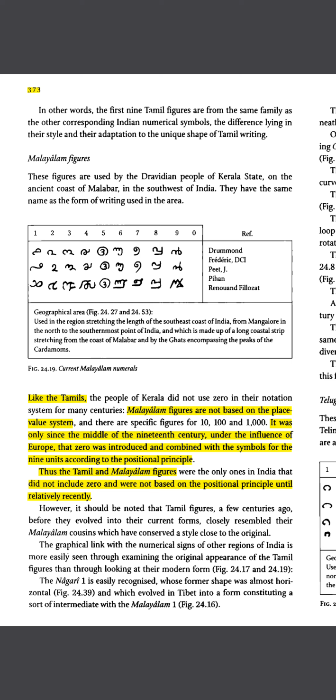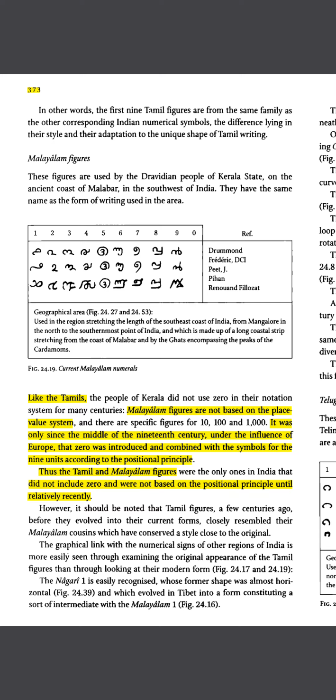However, later on it definitely converted into place value, but in the 9th century, at that point of time, Tamil, Malayali and even some Sinhalese figures did not include zero or did not have the place value system. This is explicitly mentioned in one of the books. It was only later that the influence of place value systems came in.